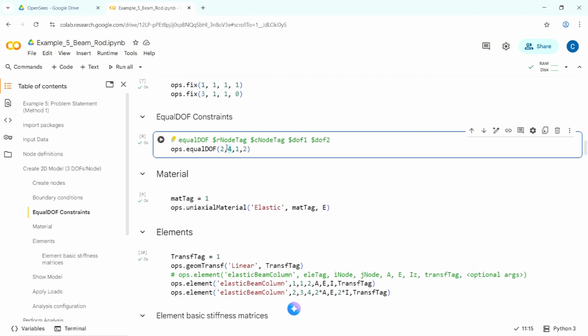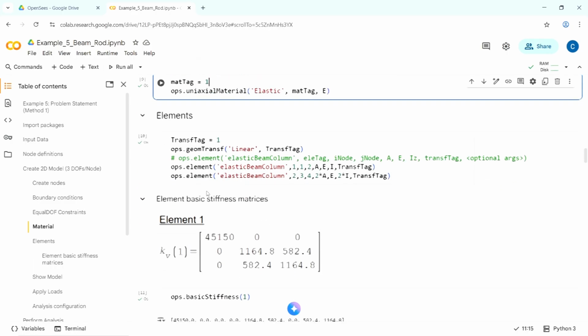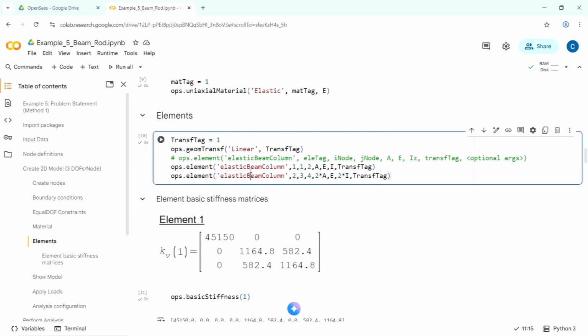So, node 2 and node 4, and then what are the DOFs? 1 and 2. 1 means horizontal translation, 2 means vertical translation. So, these 2 DOFs are constrained. Node 4's DOFs become identical to those of node 2. That is the meaning. Then this is same as before.